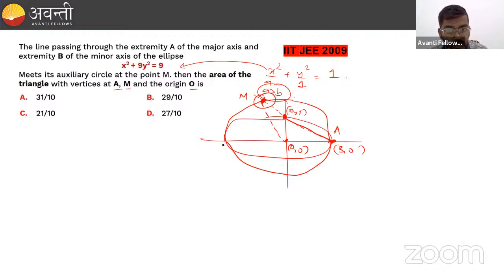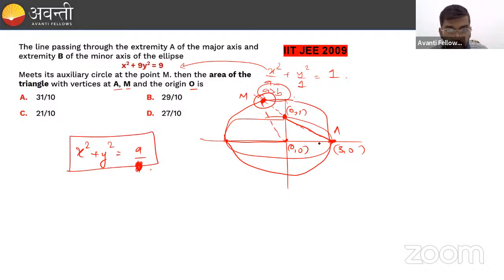The auxiliary circle will be x square plus y square equals r square, and r will be this radius, a square, sorry, this will be 9. This is the auxiliary circle.